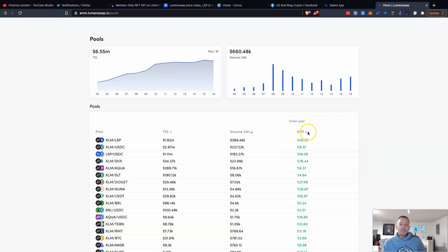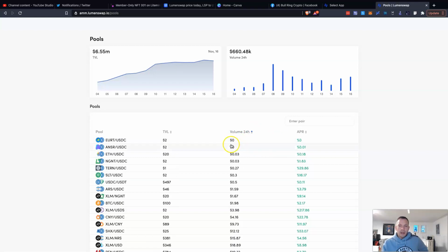And then we've got the APR. Now, I am taking the APR here to be permanently moving, right? So it's liquid, it's moving up and down. And this will be based on the volume that is being traded. If this volume that's being traded drops to nothing, let's just give you an example. Here we go.